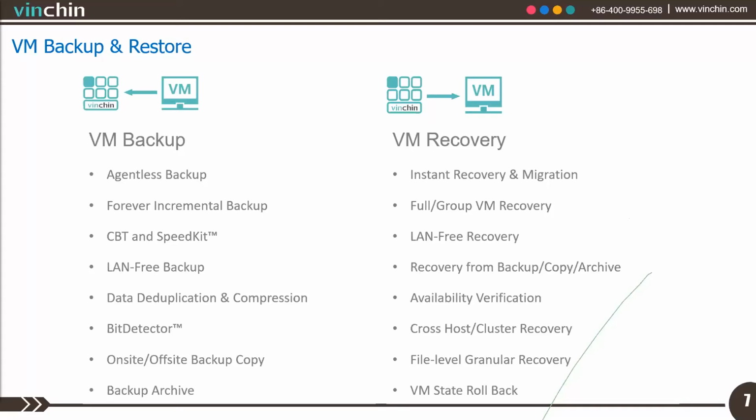For some specific situations, for example, if just some files in the virtual machine have been corrupted or accidentally deleted, you can use our file level granular restore feature to recover the files only instead of recovering the whole virtual machine. Another example: if a virtual machine gets affected by ransomware, you can choose to roll back the virtual machine state by simply using a previous restore point.